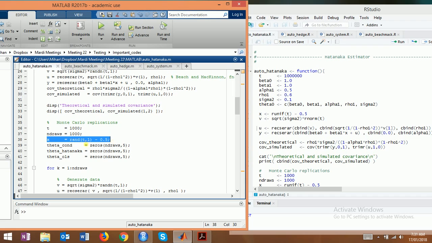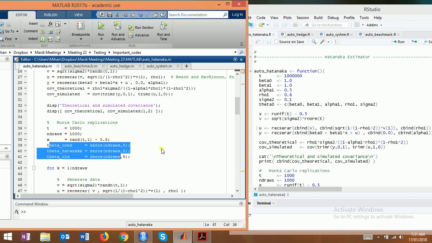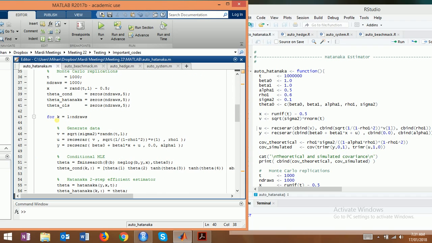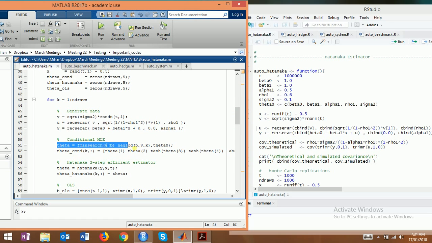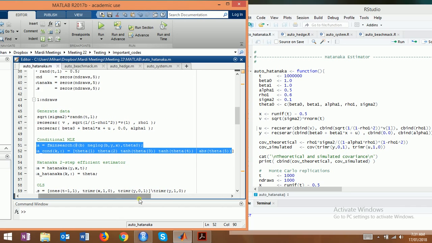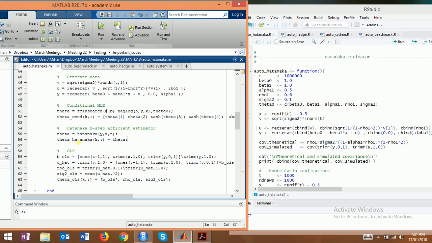X is again conditional. Hatanaka OLS we put in zeros, then 1 to n rows, generate data just like before, u and y, then maximum likelihood estimation estimates theta 1 to everything actually. Then Hatanaka estimation is, we just call it, that's all, we don't do anything here, we just call the Hatanaka estimator, that's all.